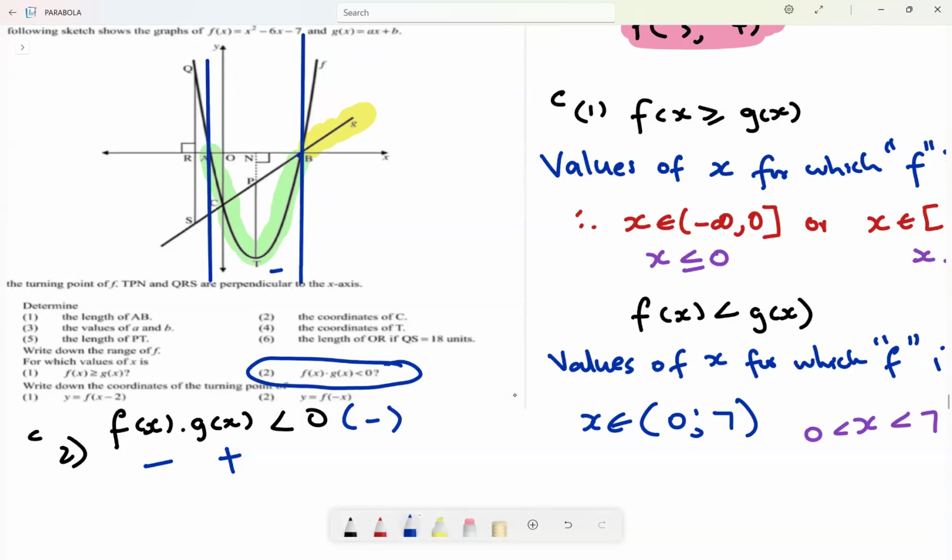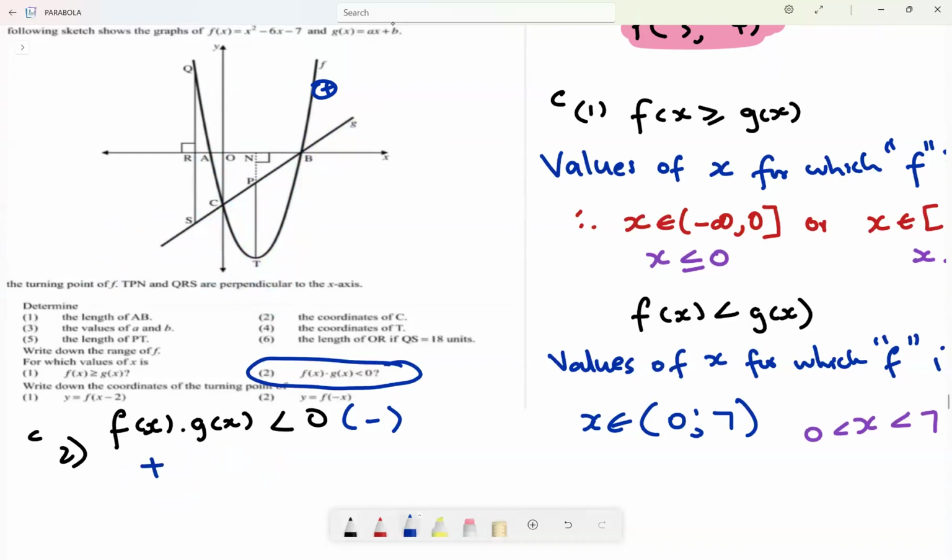Check here, this one is negative. Also, this one is negative. So when I multiply them, they give me positive. But this is not what I want. But here, this one is positive and f is also positive. So they give me positive again, so this is not the portion that I want. It does not give me anything.